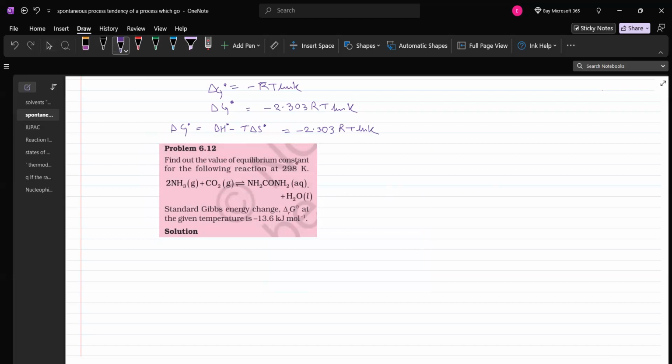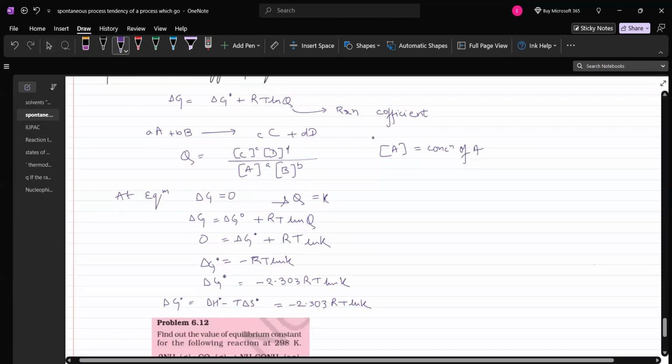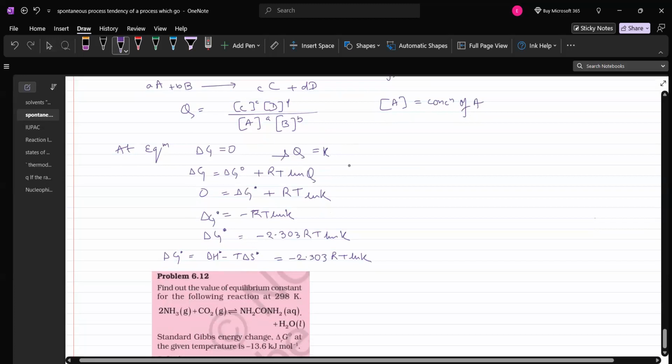So first read out the question: we have to find the equilibrium constant. What is equilibrium constant? This K. Okay, this is the equilibrium constant. Don't worry, we will deal with them in the next chapter.